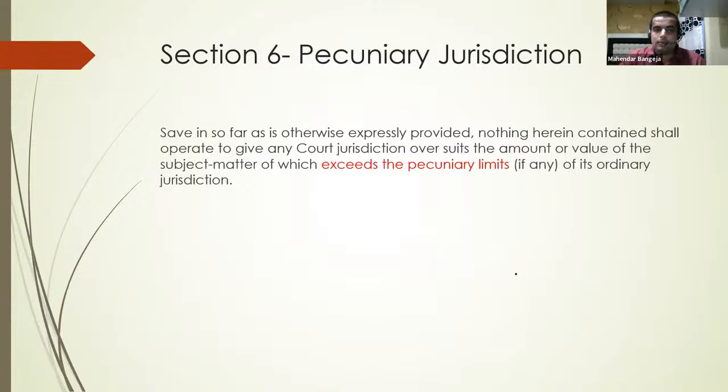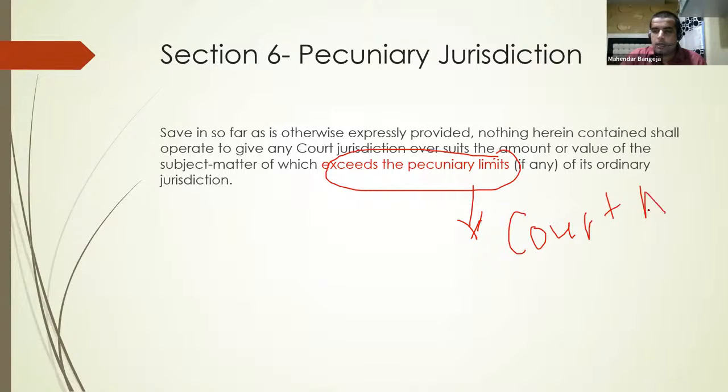Now section 6 lays down an interesting point. Section 6 says that no court can try a subject matter which exceeds its pecuniary limit. Now the question is, what are these pecuniary limits and where are they provided? These pecuniary limits are provided in the Courts Act of every state, and they differ from state to state.